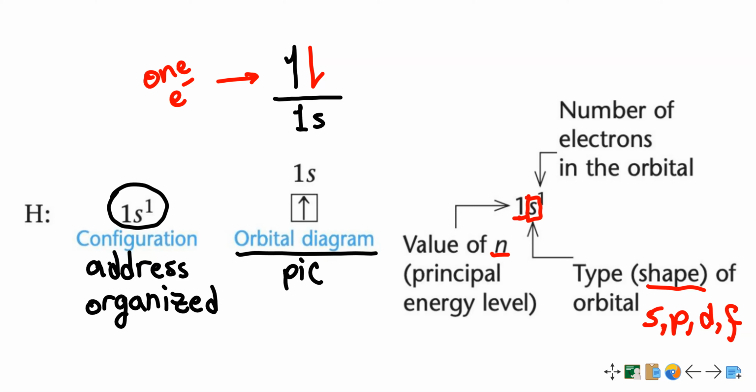Then you have this exponent 1, and that refers to the number of electrons in the orbital. So how many are actually in the room at the time? When I see 1s1, what that's telling me is there's 1 electron in the s sublevel on the first floor.